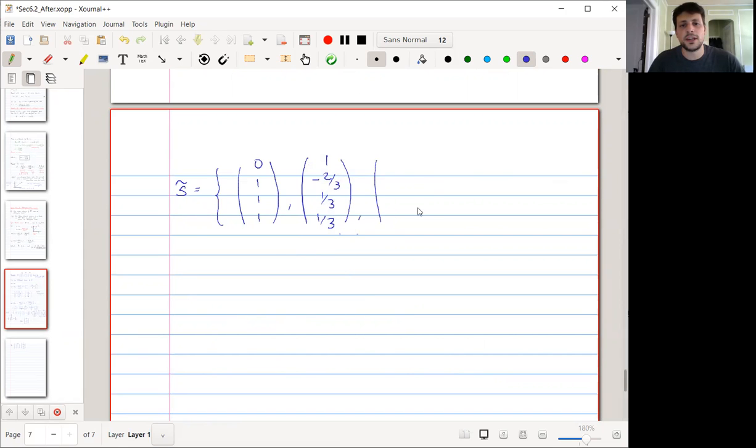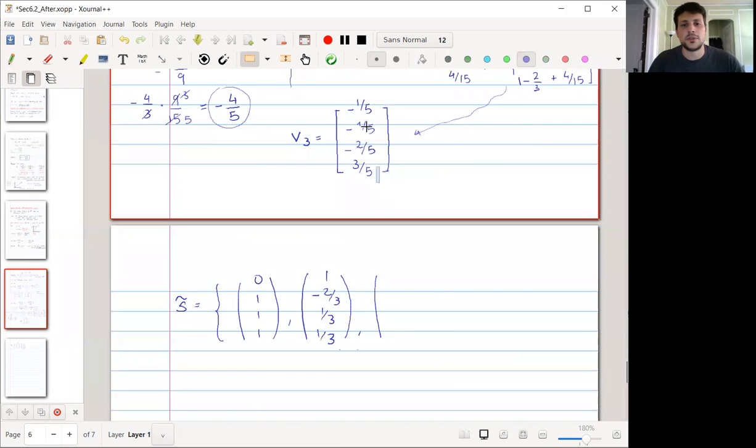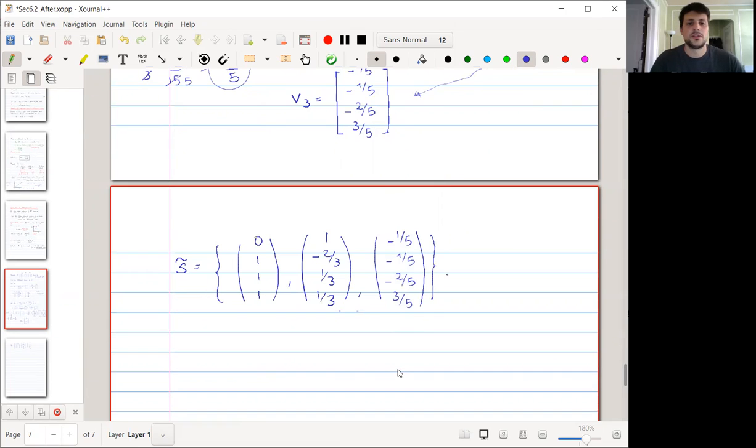And the third vector, V3, will be this vector here. This basis is now an orthogonal basis of the subspace U inside R4.